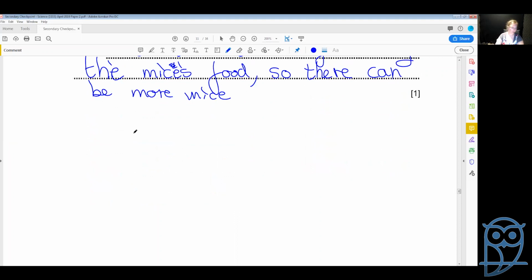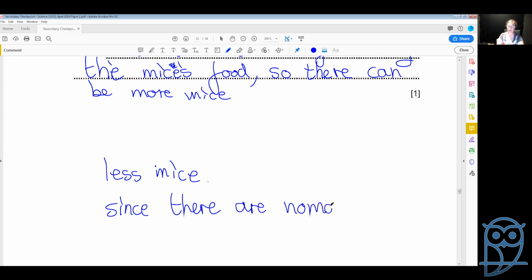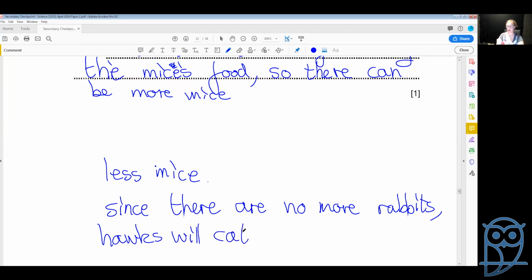On the other hand, we can have less mice. So since there are no more rabbits, hawks will catch more mice.